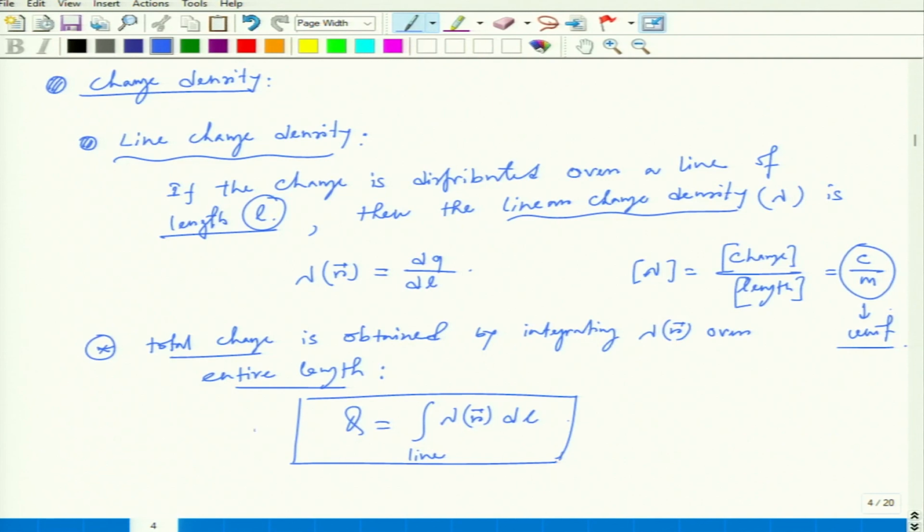This is the total charge q. Again, if the charge is uniformly distributed over the line, then lambda becomes constant. In the next class we will calculate the total charge for some specific charge distributions and then calculate the electric field. Okay, thank you.